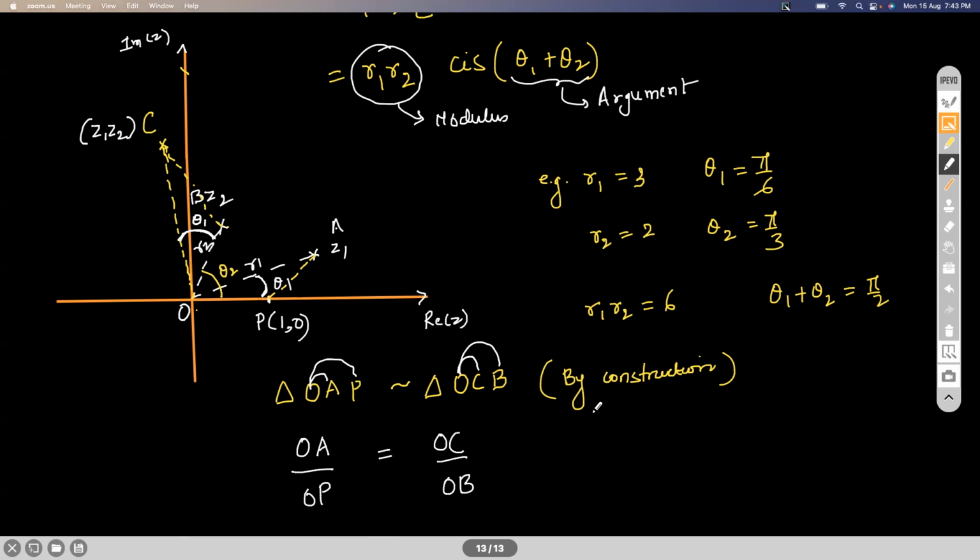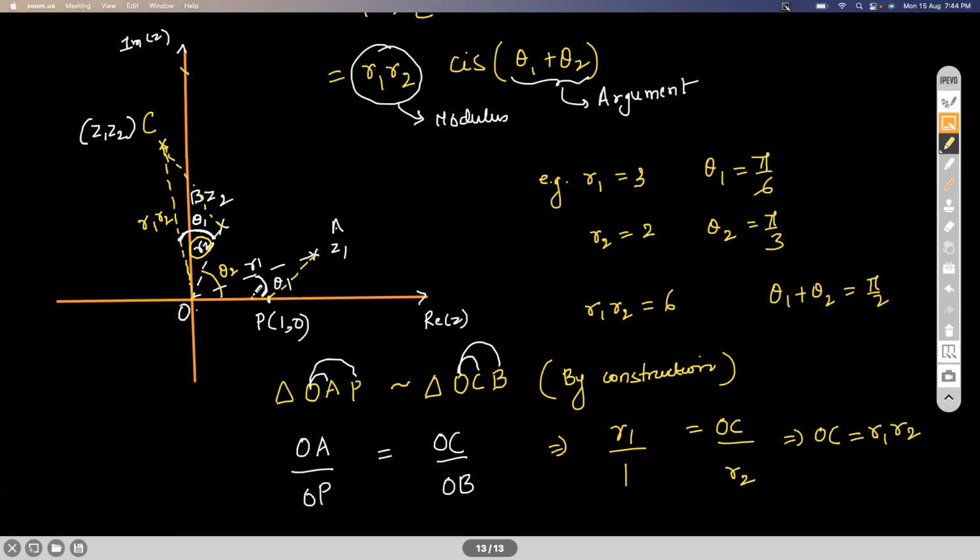Correct? What is OA? OA is R1. What is OP? OP is 1. What is OC? OC I don't know, let's keep it as OC itself. But OB is what? OB is R2. See here, R2. Correct. So what becomes my OC value? R1 into R2. That means this point is located at a distance R1 R2 from the origin.